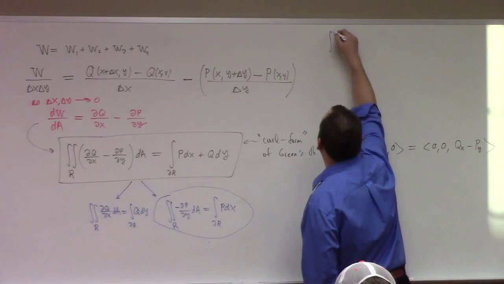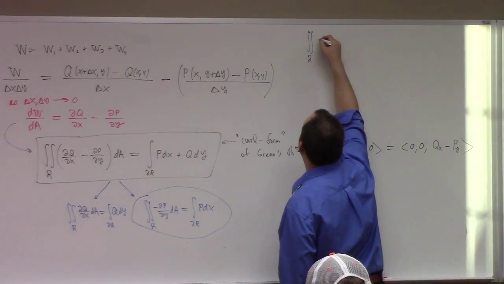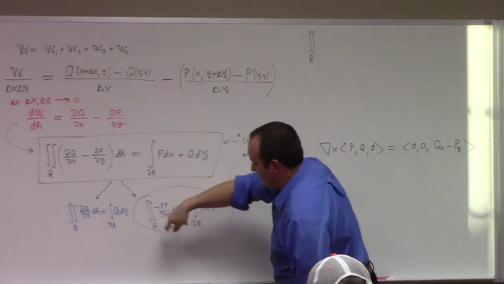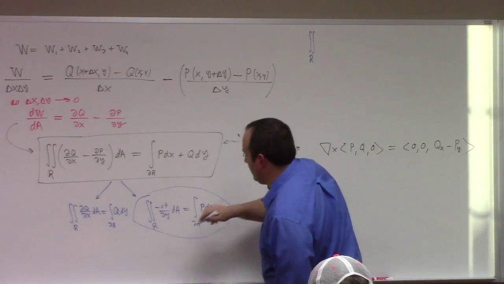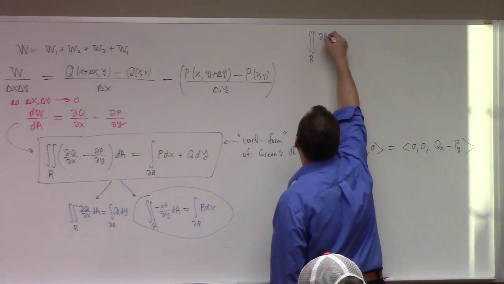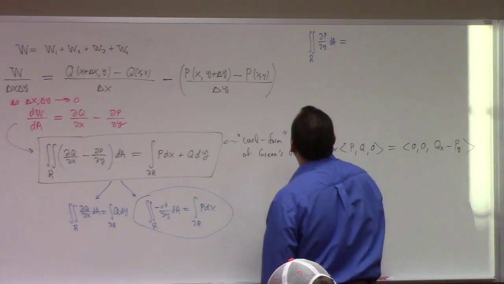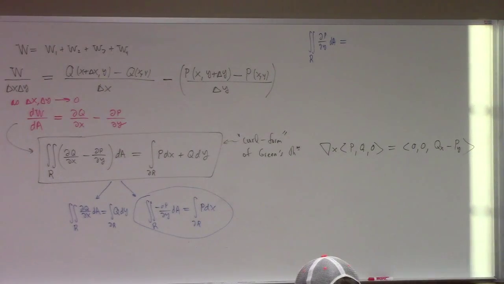So double integral over R of, and I'm going to leave the minus, I'm going to start with minus this side, okay? So I'm going to start with just partial P partial y dA. Now I've got choices, right?